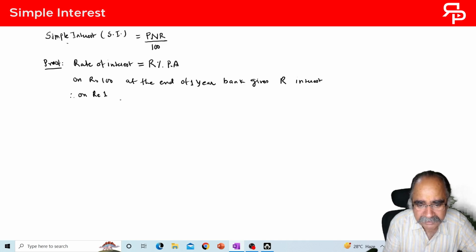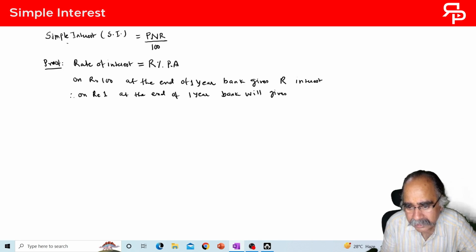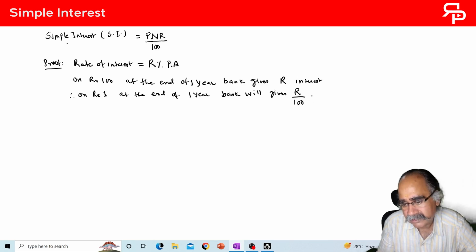So on rupee 1, at the end of 1 year, the bank will give me R upon 100 rupees interest, because 100 was multiplied, so when you bring it to this side, it gets divided.